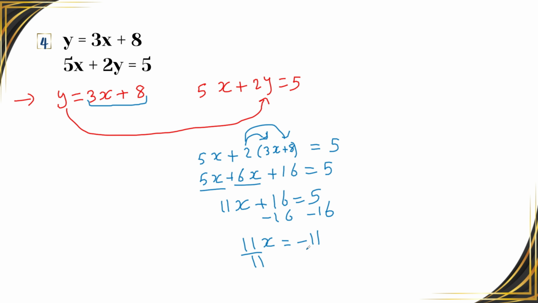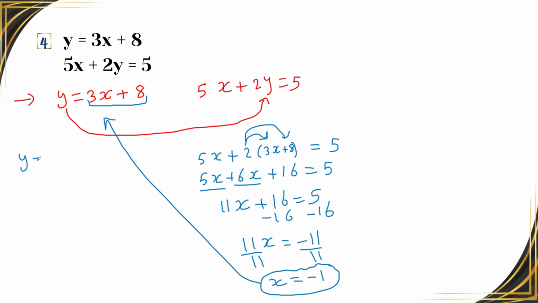Then x equals negative 1. We should find the second variable, y, by substituting here. y equals 3 times negative 1 plus 8. y equals negative 3 plus 8. Different signs, so we subtract and take the sign of the bigger number: 8 minus 3 is 5, positive.